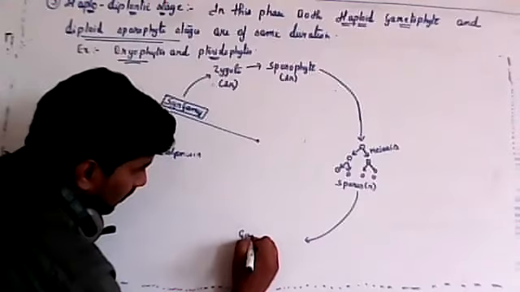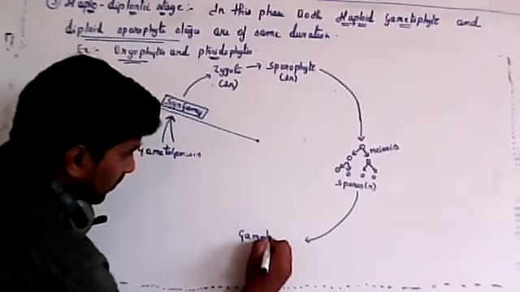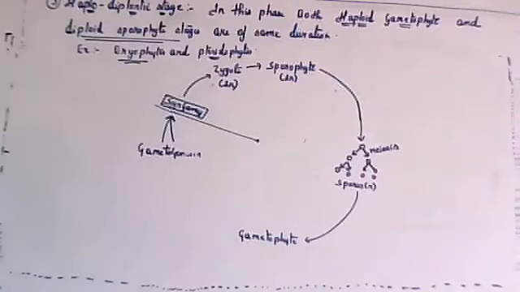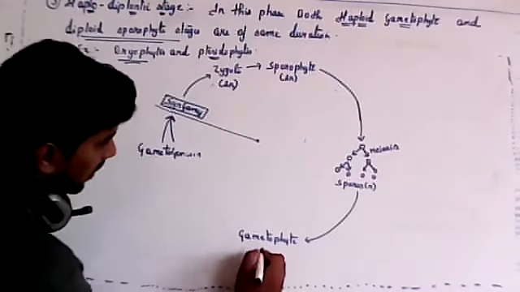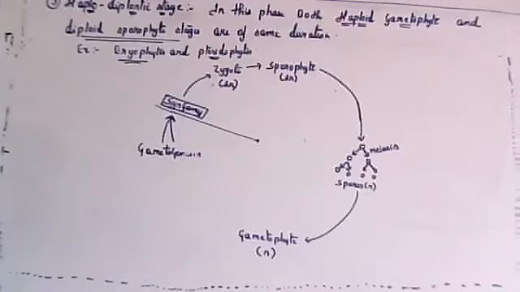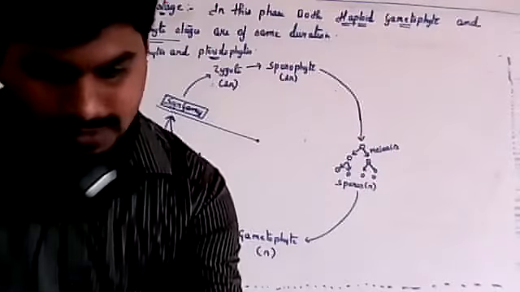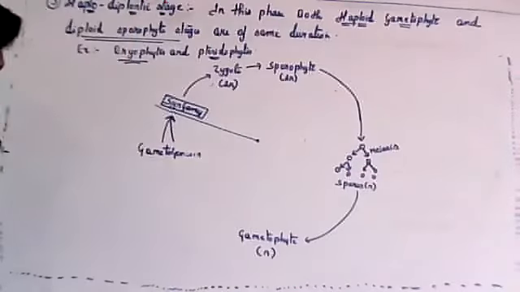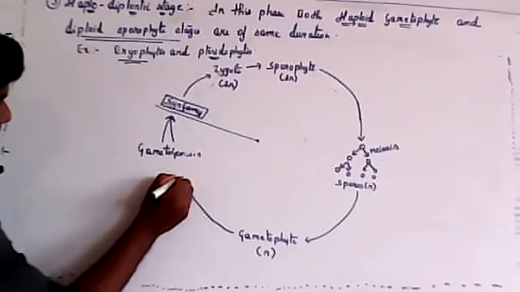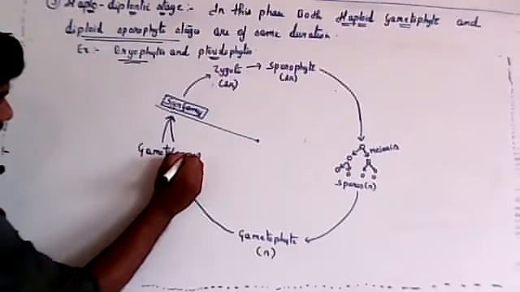The gametophyte is haploid in nature. Always the gametophyte is haploid in nature. This gametophyte will produce antheridium and archegonium.